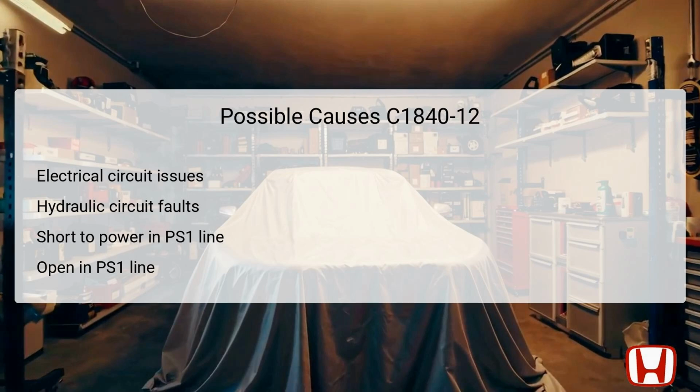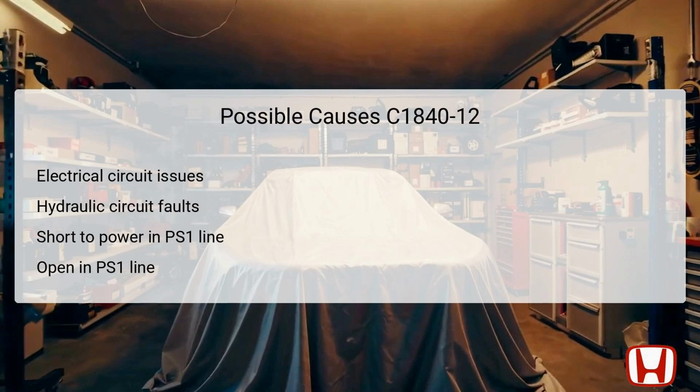Hydraulic circuit faults could also contribute to abnormal sensor readings, wherein issues within the hydraulic system itself can create inconsistent pressure levels, thus skewing the sensor's output. Another critical cause might include a short to power in the PS1 line, where the wire may be inadvertently contacting a power source, resulting in elevated voltage readings.